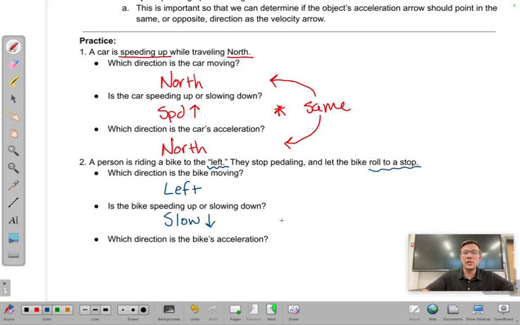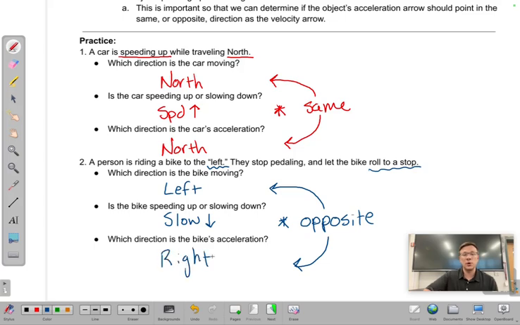So when the answer is slowing down, remember that means we are going to have opposites. If the bike is moving to the left and slowing down, then the direction of the acceleration would be opposite, and that would be to the right. Fairly simple when looking at written examples.